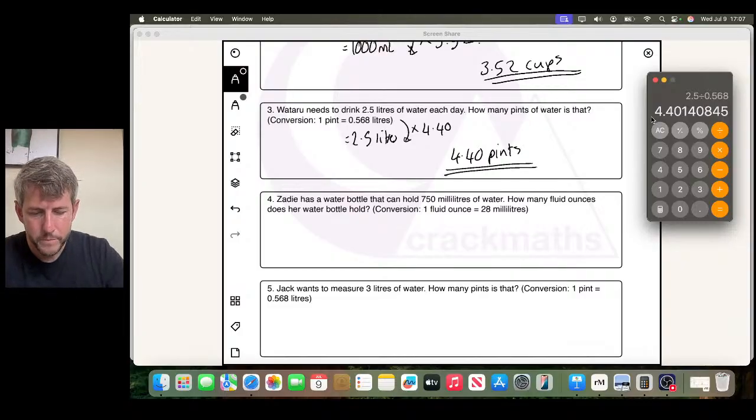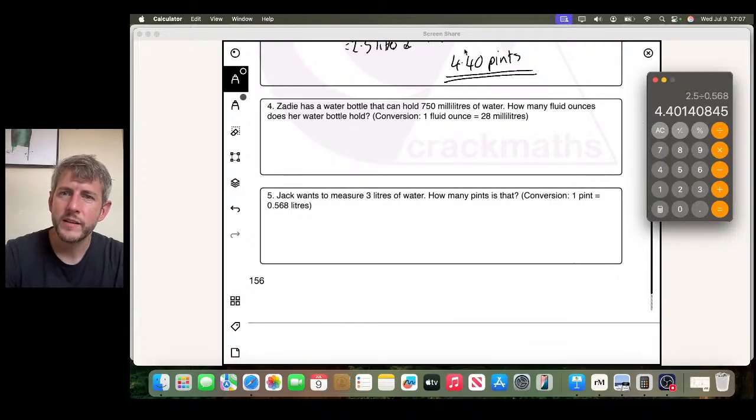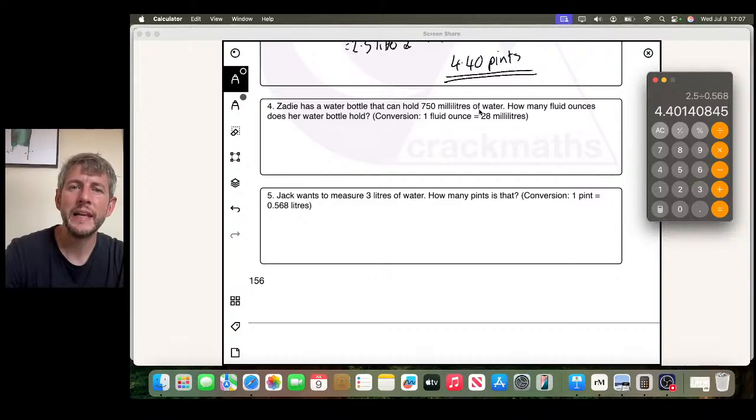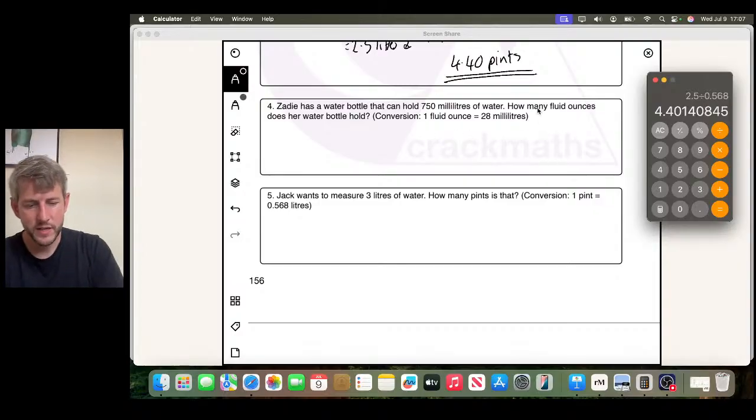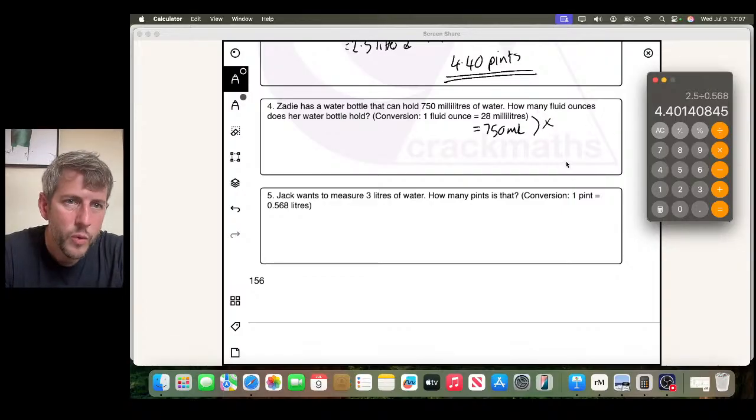Okay, right. We've got here that Zadie has a water bottle that can hold 750 millilitres of water. How many fluid ounces does her water bottle hold? So 1 fluid ounce equals 28 millilitres. So we need to get up to 750 millilitres. So how many lots of 28 is that? The way we're going to find that out is by doing 750 divided by 28.